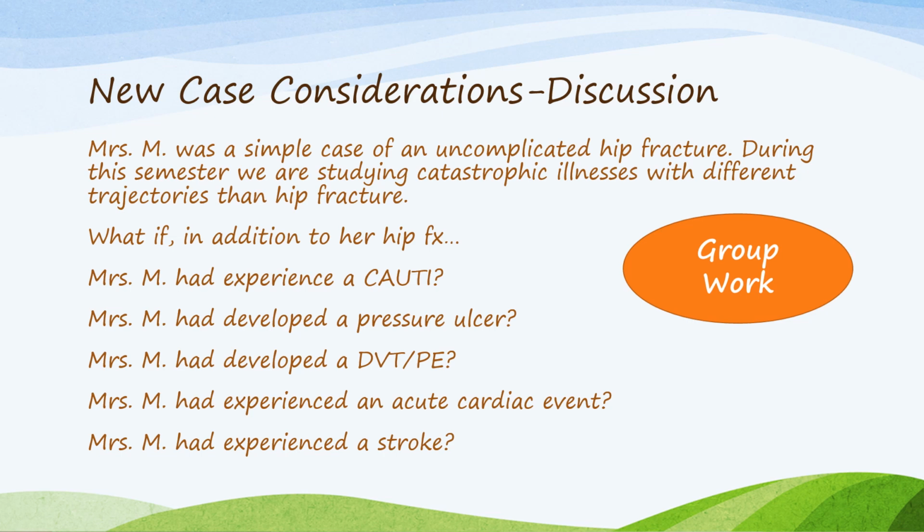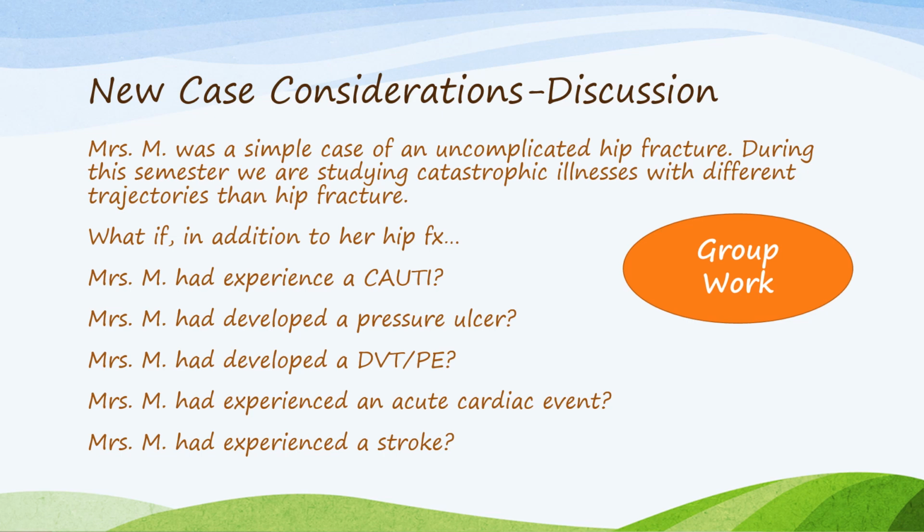Okay? Now, she's a simple case of an uncomplicated hip fracture that needed hip replacement. During the semester, we're going to be talking about patients with catastrophic illnesses, all right, and different trajectories than a hip fracture.